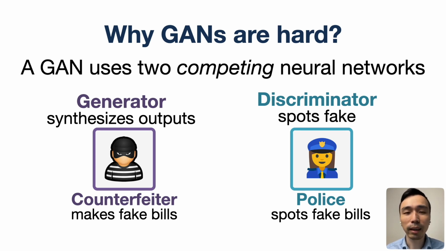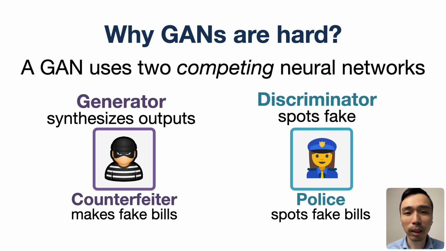Internal to a GAN, the counterfeiter would be called the generator, which generates fake data with the goal of making it look as realistic as possible, like making fake bills that can fool the police. The police, in the GAN, would be called a discriminator, which is able to tell apart the fake and the real bill.